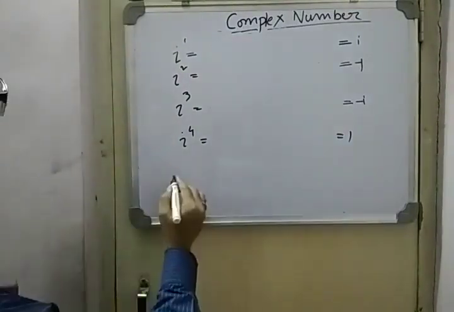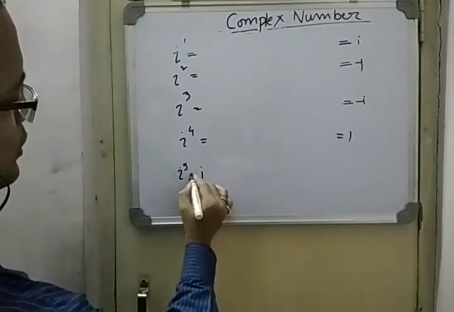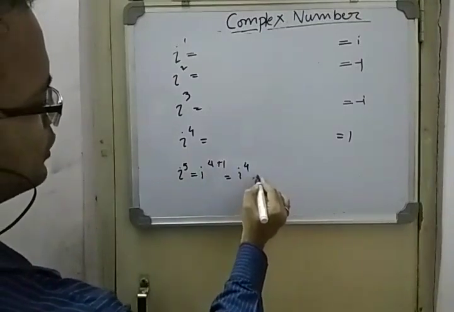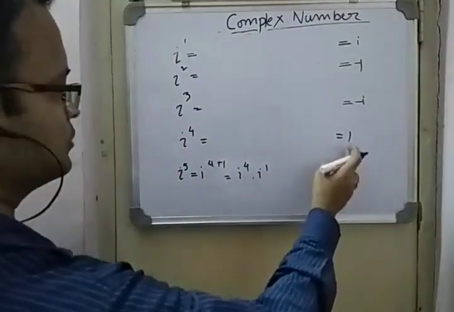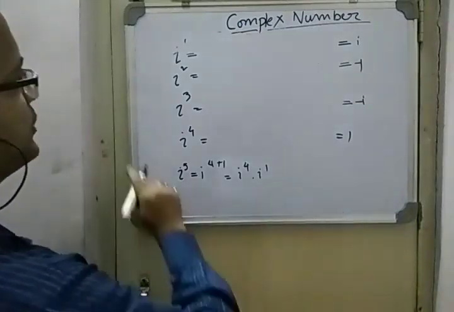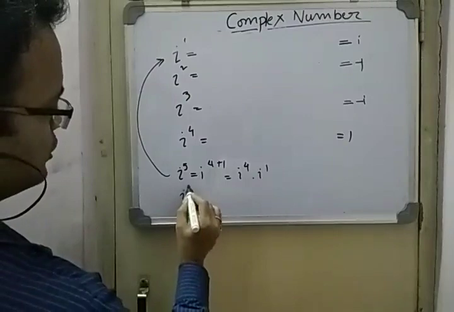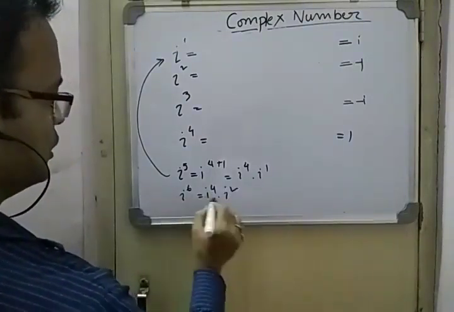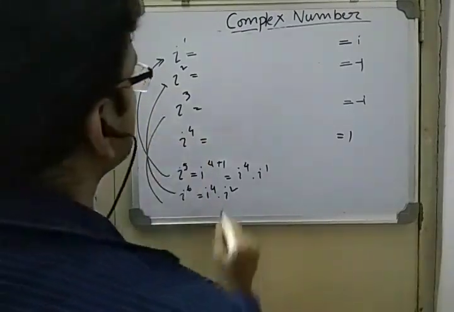If you go to i to the power 5, it is what? I to the power 4 plus 1, so i to the power 4 into i to the power 1. And i to the power 4 is always 1. So actually it repeats. I to the power 5 becomes i. I to the power 6 becomes i to the power 4 into i square, so it is i square, like this, it repeats.